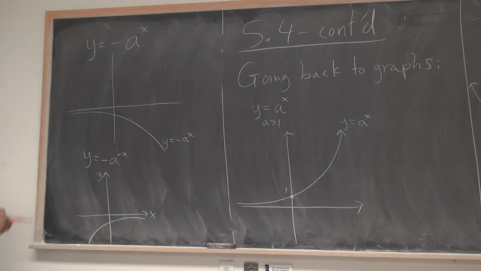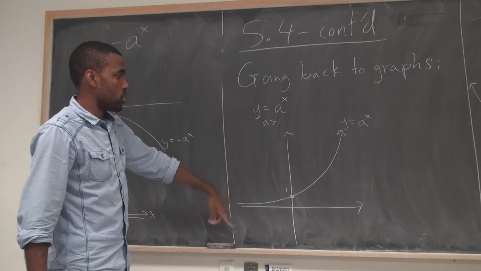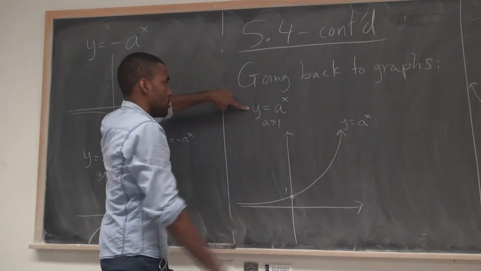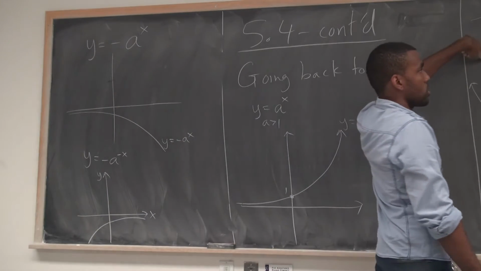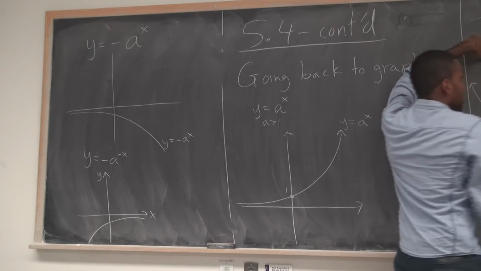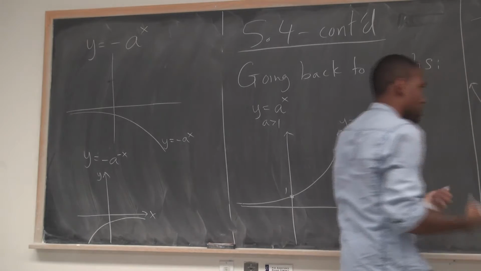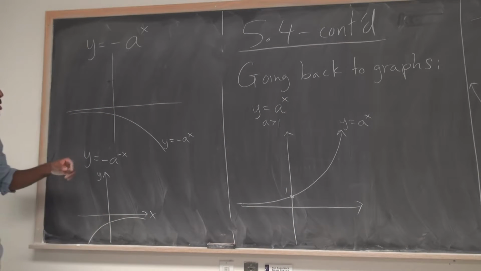So these guys, for example, you can tell right away about their limits, right? Limit as x goes to infinity of this guy is going to be infinity. Limit as x goes to negative infinity is going to be 0. Whereas with this guy, limit as x goes to infinity is going to be 0. Limit as x goes to negative infinity is going to be infinity. So just by looking at the pictures, you can have a lot of information that can really help your intuition when dealing with limits.